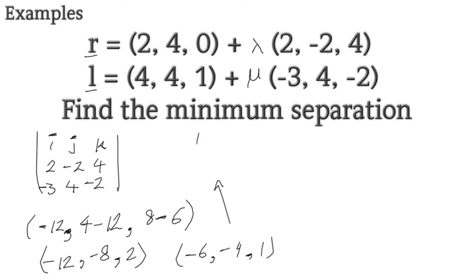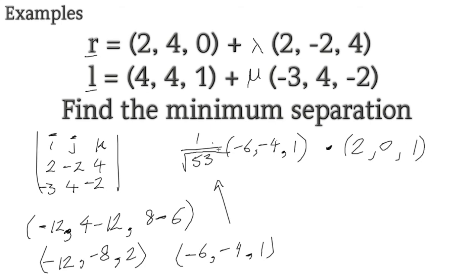let's see, 1 on square root of 36 plus 16 gives me 52, plus 1, 53, times -6, -4, 1. Then we dot product this with the difference between these 2 points, which I'll take L, take R as my difference, so 2, 0, 1 as the 3 coordinates.